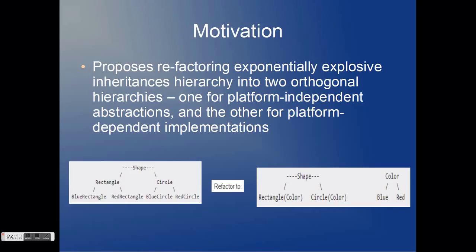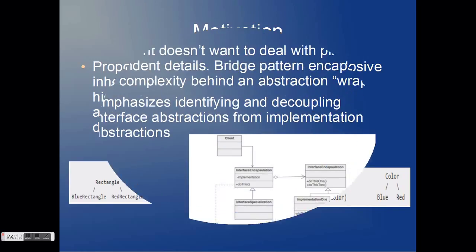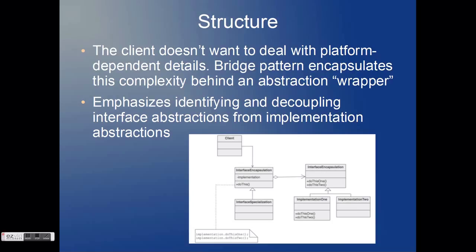Next we have the structure. For the bridge pattern, the client doesn't want to deal with the platform dependent details. The bridge pattern encapsulates this complexity behind an abstraction wrapper. It also emphasizes identifying and decoupling interface abstractions from implementation abstractions. If you look at the picture below, you can see the overview of how the bridge pattern works.